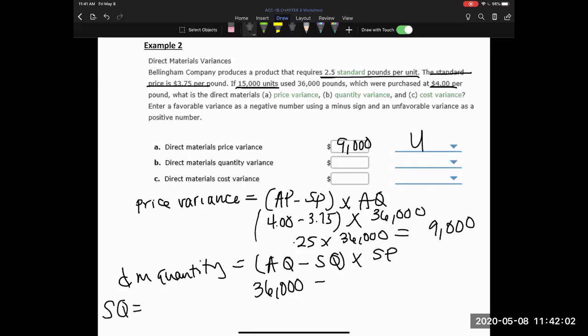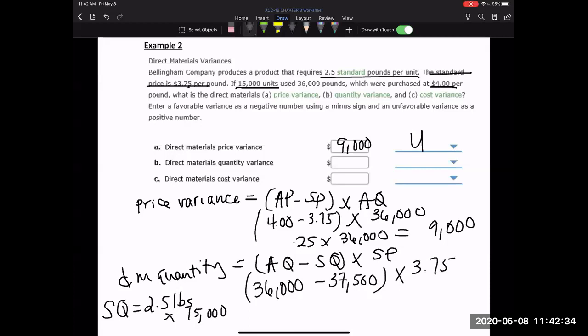Standard quantity, the way we're going to figure it out is 2.5 pounds times our 15,000 units that we made. And so once we do that calculation, our standard was 37,500 pounds. Okay, and then we're going to multiply that times our standard price. Again, our standard price was the $3.75.